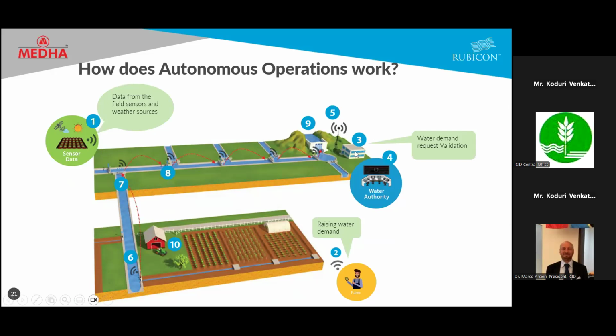The demand is requested to the head office of the irrigation department, where the water demand request is validated, whether the requirement is genuine, whether he has to be allocated water, and how much is to be allocated. That decision, analysis or scheduling is done by the water authority with the help of software or allocation applications.